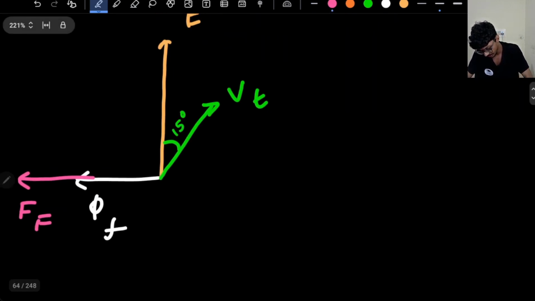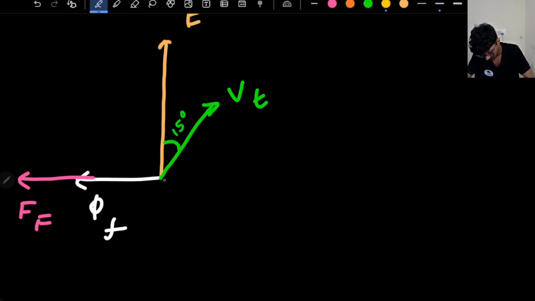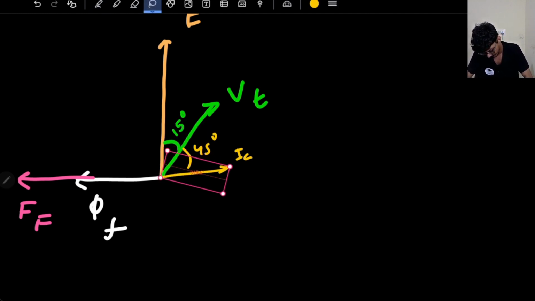So the current will be somewhere around here, minus 45. This will be the current Ia, right? So this is the 45 degrees basically. Okay, so it should be somewhere around here.